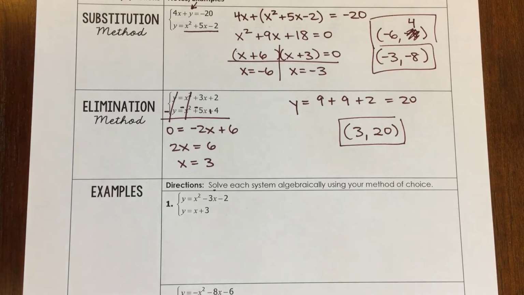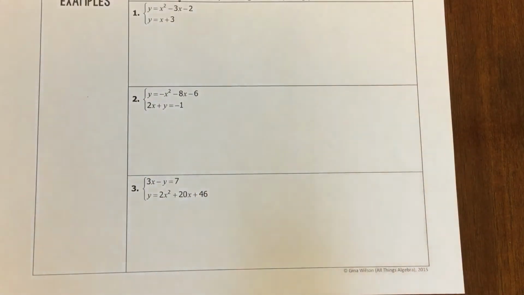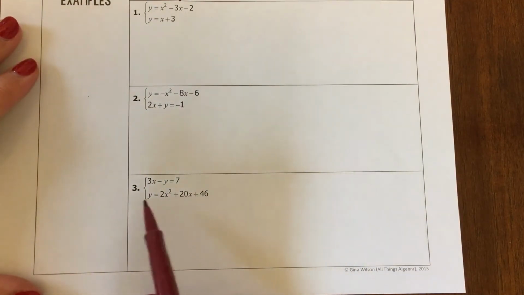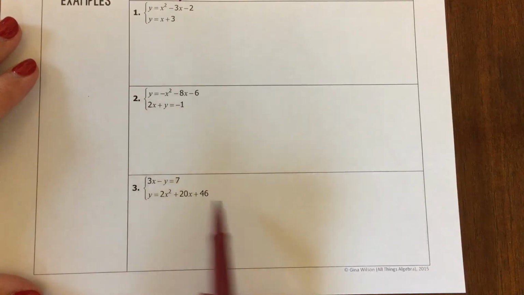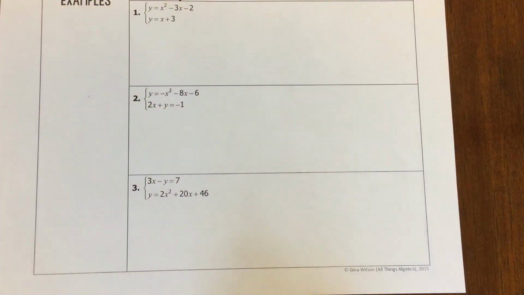All right, so let's look at number 3. We haven't seen something quite like that one yet. See how the y is all by itself right here? I would probably choose the substitution method with this one because you can take this and sub it right into that y right there. That would be one choice.